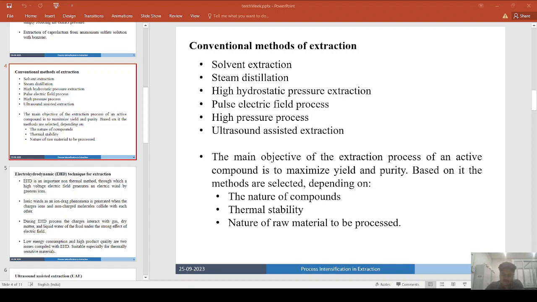Often in the conventional extraction processes, if there is involvement of high temperature, high pressure, or an extremely toxic and reactive solvent, this would often lead to the loss of the activity of the beneficial active component from the plants while the extraction takes place. That will defeat the entire purpose of it. So you need to develop a novel kind of extraction process with an intensified approach.